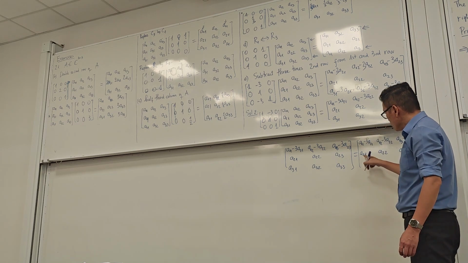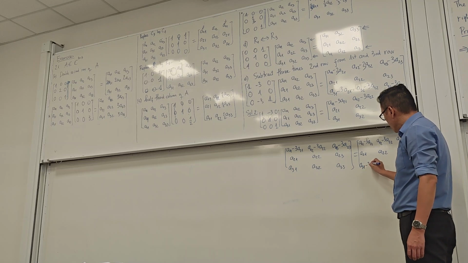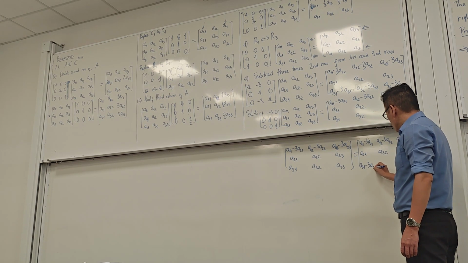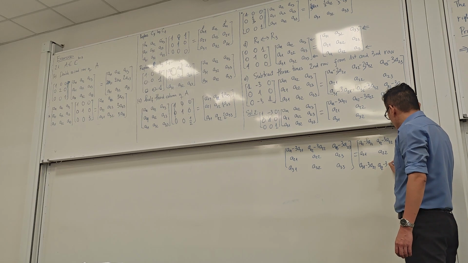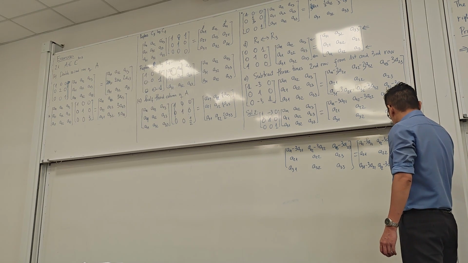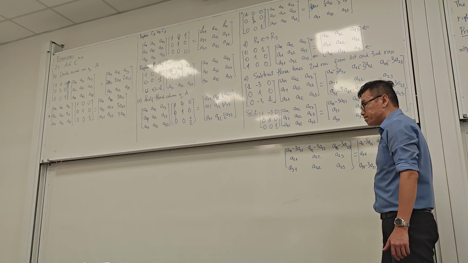But here I want to do the following with this one. This is A31 minus 3 times A21, A32 minus 3 times A22, A33 minus 3 times A23.